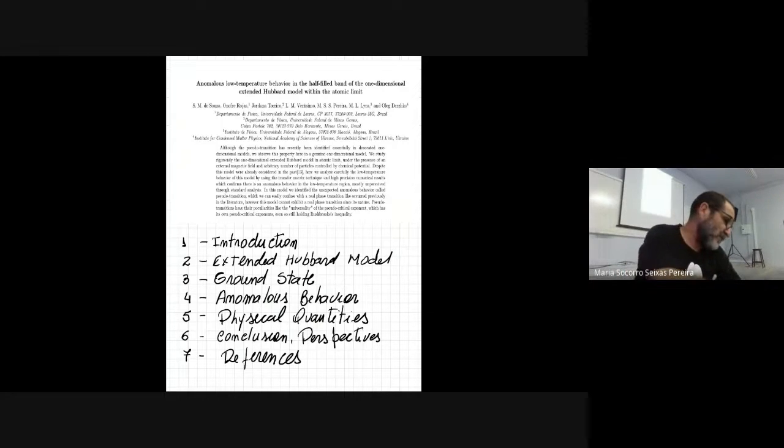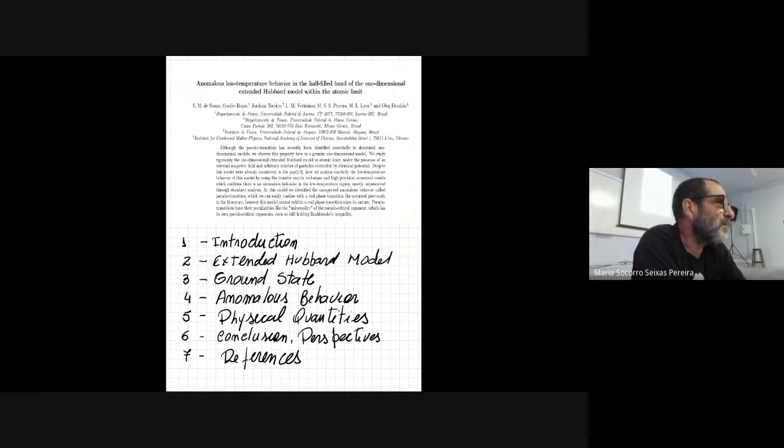In this work, we would like to study the anomalous low temperature behavior in the one-dimensional Hubbard model, but the standard Hubbard model in the atomic limit. We chose this model because we are looking for a one-dimensional model that has a pseudo-transition.